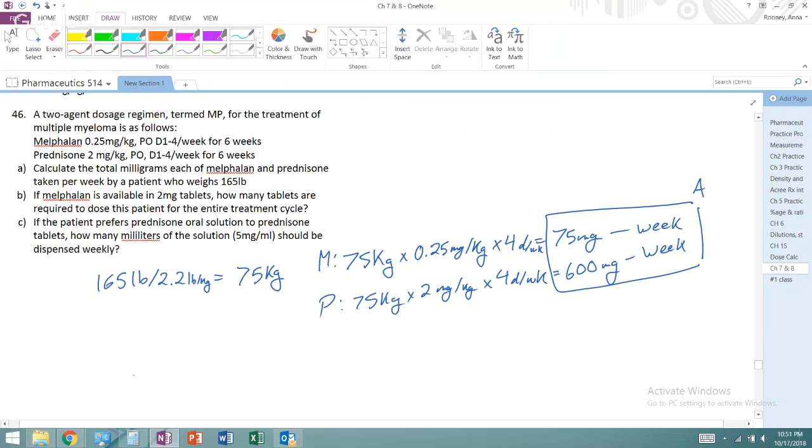For part B, if melphalan is available in 2 milligram tablets, how many tablets are required to dose this patient for an entire treatment cycle? So we know that this is the amount for a week.